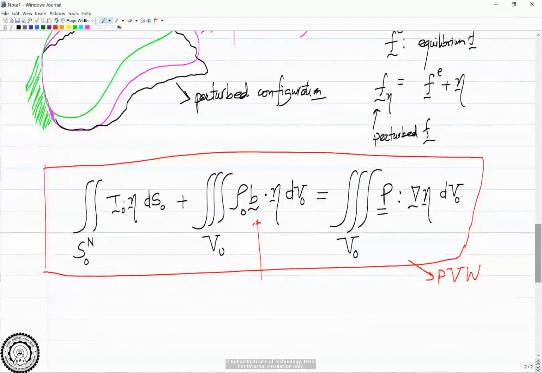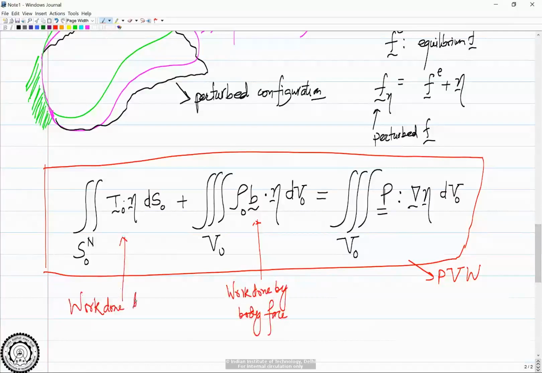Therefore, the work done by that force is simply rho naught b dot eta dv naught, right? I'll just write this is the work done by body force and this is the work done by traction force.